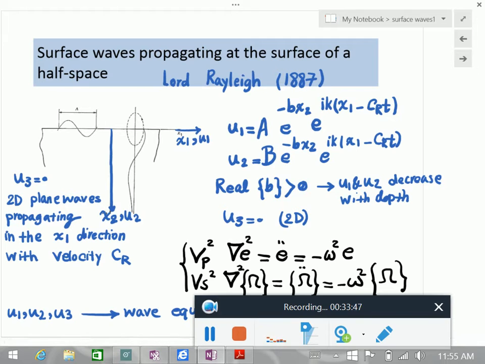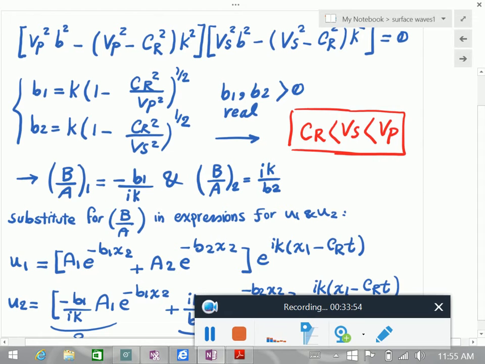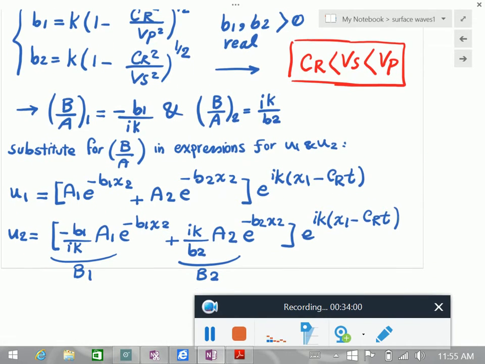It's like particle displacement, just like what we had for P and S. Yeah, it's been a long time. I should have explained this a little more. Okay, now we have nice expressions for U1 and U2.